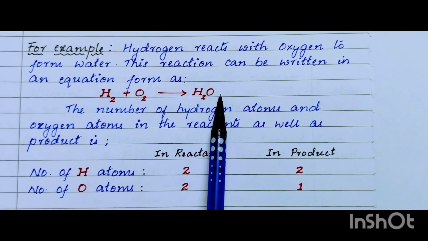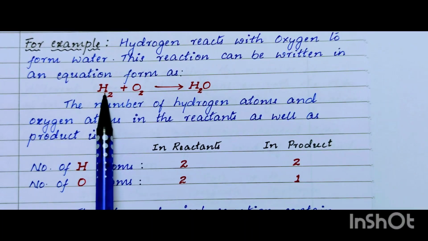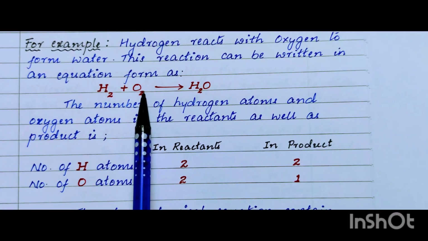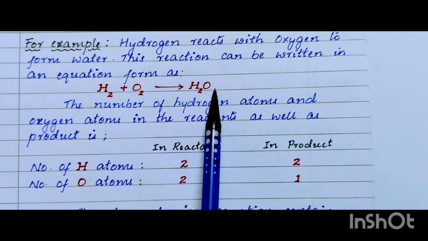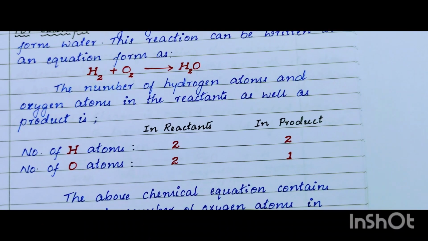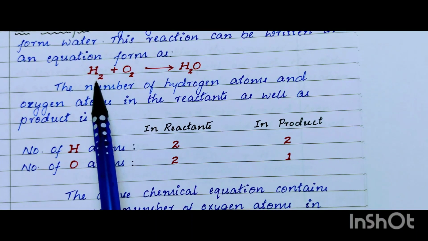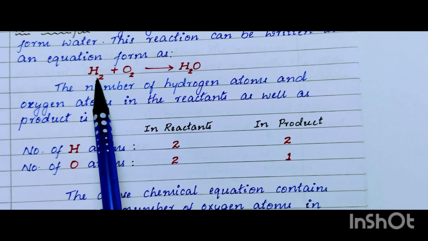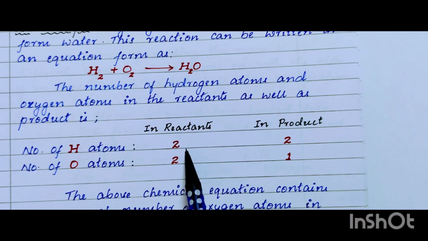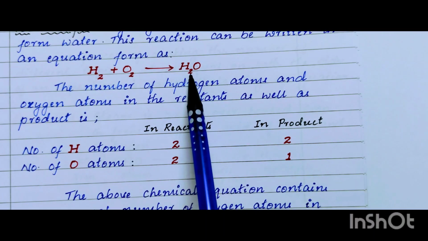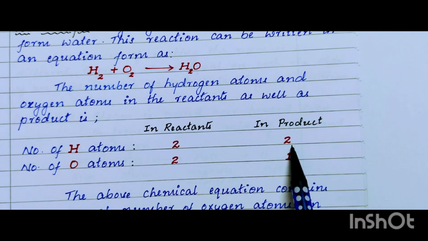Now let us count the number of hydrogen and oxygen atoms present in this equation. No other atoms, right? In the reactant side, how many hydrogen atoms are present? 2. Product side, H2, again 2.